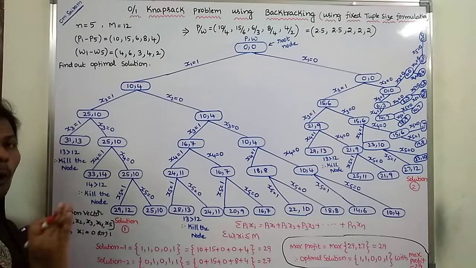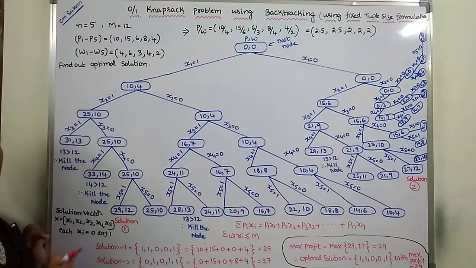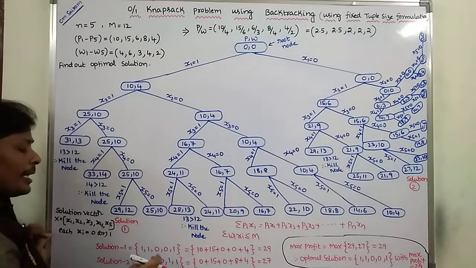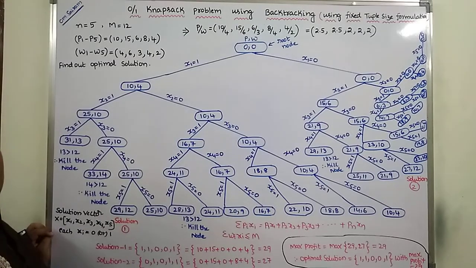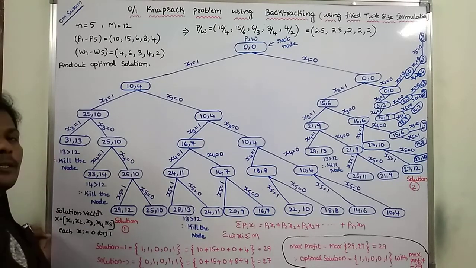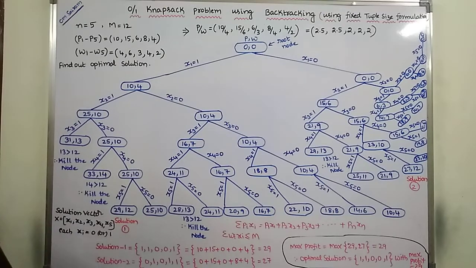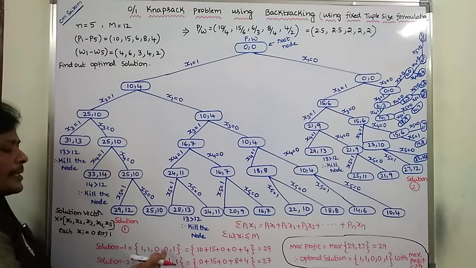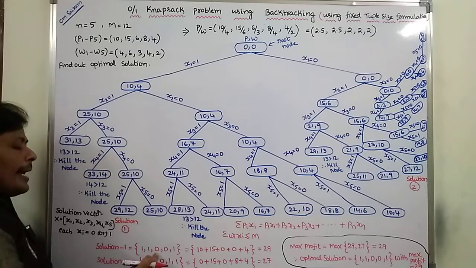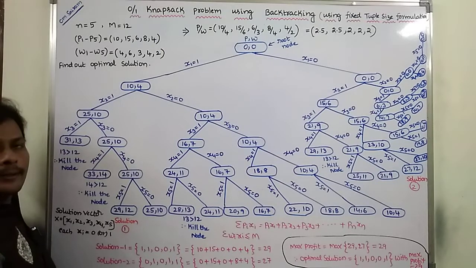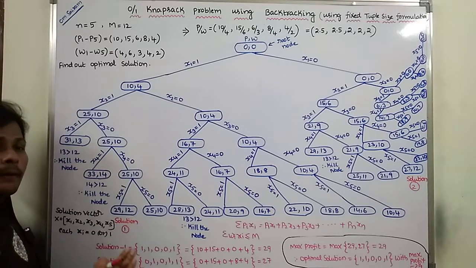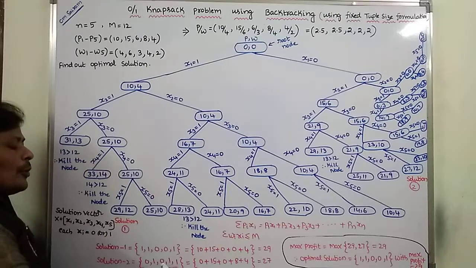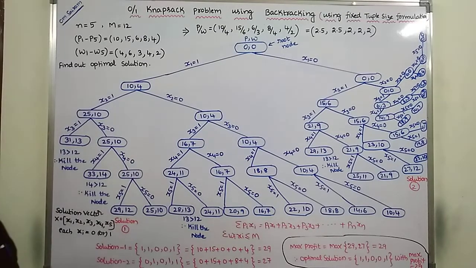The objects that are considered have value 1, and those not considered have value 0. Here x1, x2 and x5 are considered and x3 and x4 are not considered. In the second solution, x1 and x3 are not considered, and x2, x4, x5 are considered.